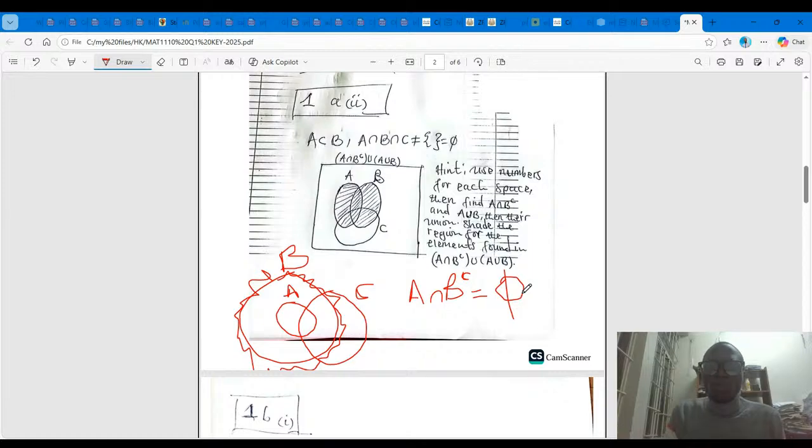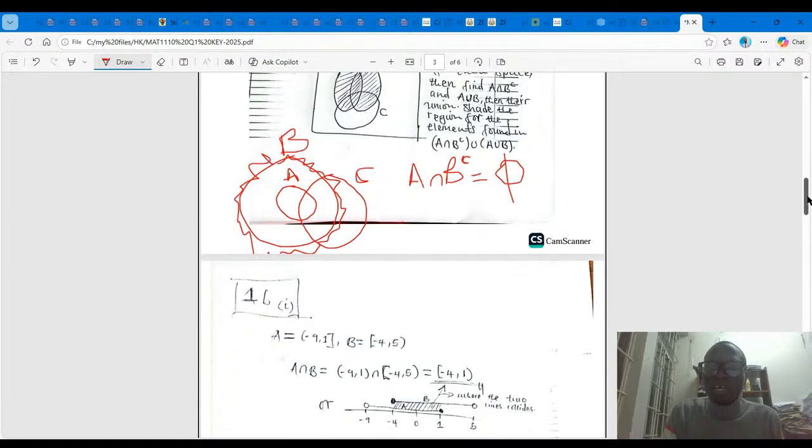Now we want to find the union of that with A union B, meaning that the only answer you're going to get is A union B. So A union B is equal to B. Therefore, you are shading this region, since you are saying this is an empty set.